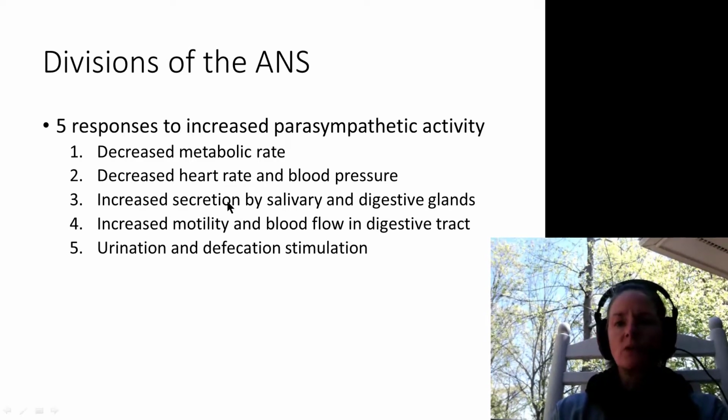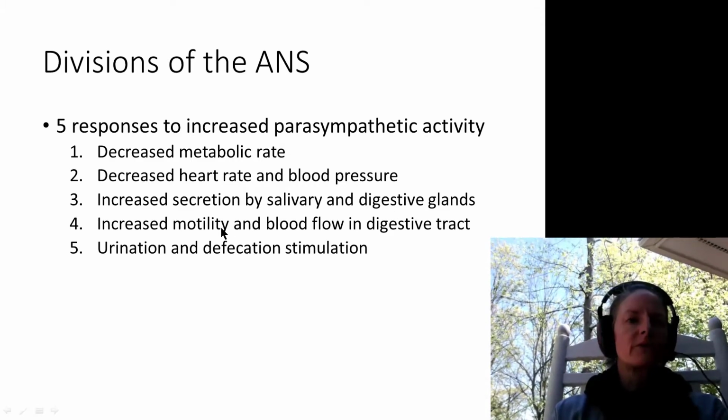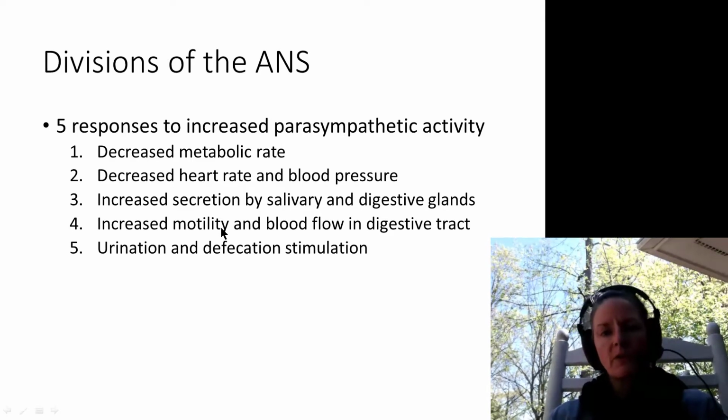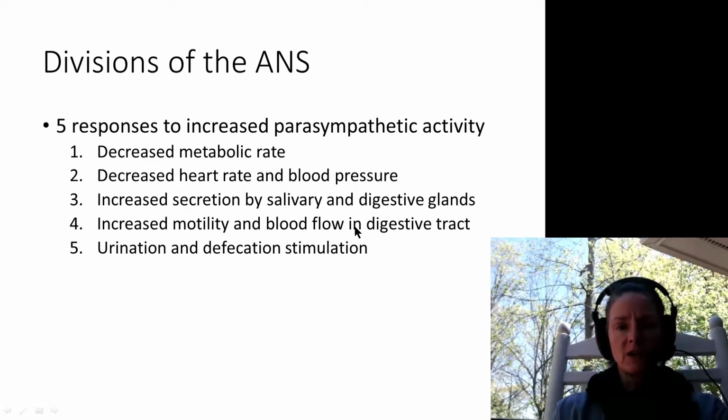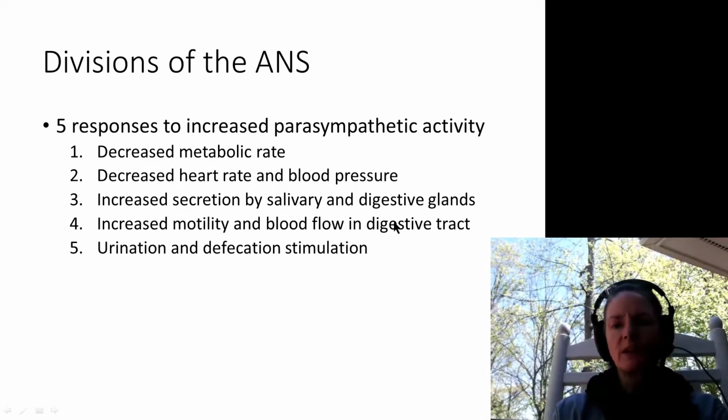At this point, we're going to increase salivary and digestive gland secretion, and we're also going to divert blood flow away from the skeletal muscles, now back towards the digestive tract. So now we're going to increase blood flow through the digestive tract, and will also increase motility of the digestive tract, smooth muscle movement through the digestive tract, and so forth.